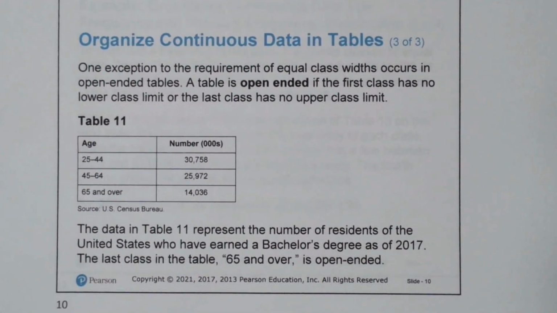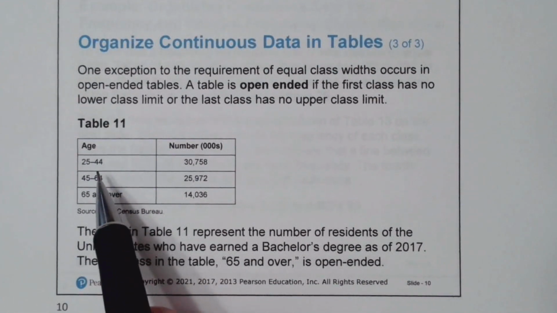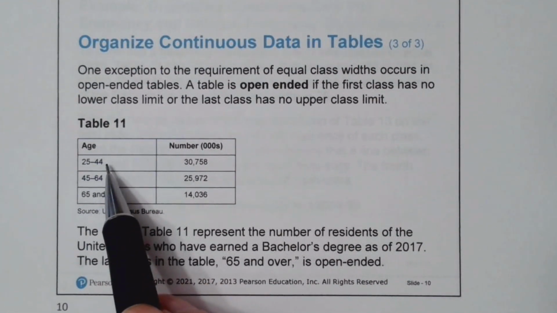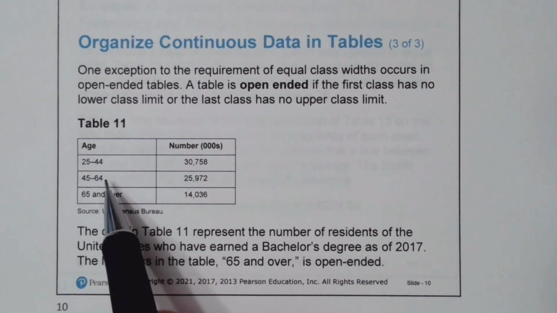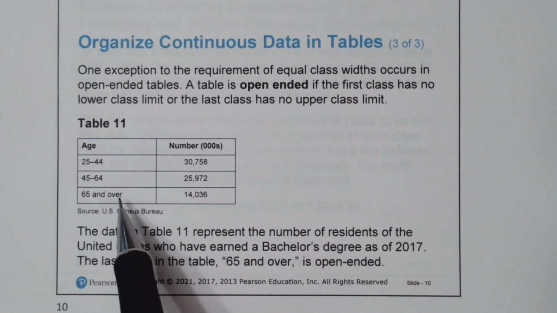It says, one exception to the requirement of equal class widths occurs in open-ended tables. So on occasion we may see this. A table is open-ended if the first class has no lower limit or the last class has no upper limit. And so you can see with our age groups here, we have 25 to 44, 45 to 64, and 65 and older.